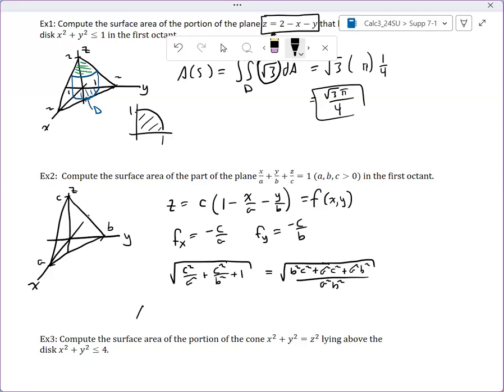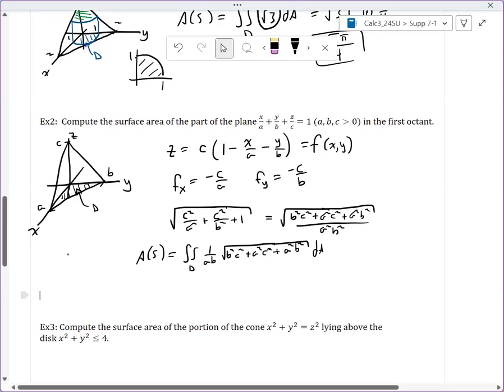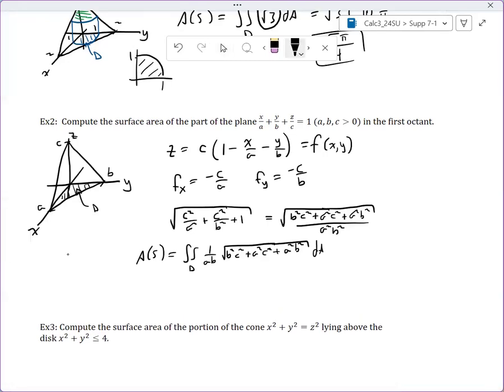And so I'm integrating over this domain D in the xy plane. I'm integrating this square root, or that's 1 over ab times the square root of b squared c squared plus a squared c squared plus a squared b squared dA. And again, we see that this whole integrand is just a constant in terms of x and y.